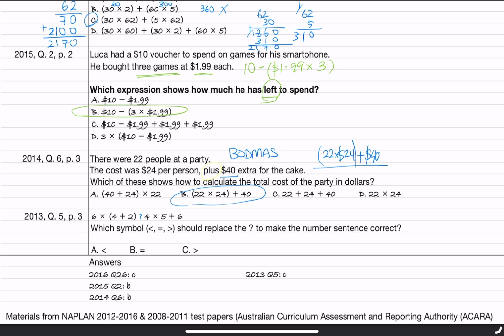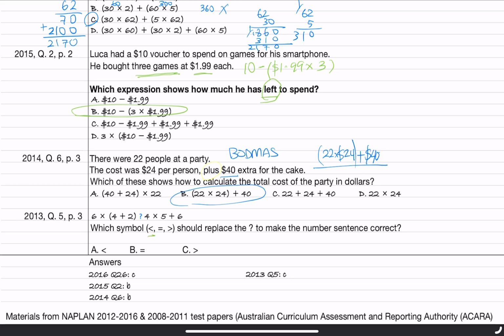In 2013, question 5, we can now solve on page number 3. We have 6 multiplied by 4 plus 2, and 4 multiplied by 5 plus 6. So we need to choose the option: is it less than, is it equal, or is it greater than, to make this number sentence correct.